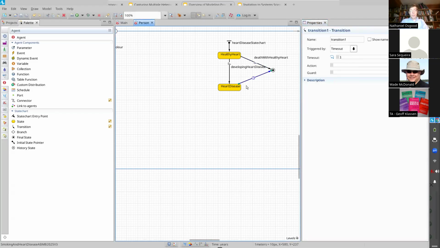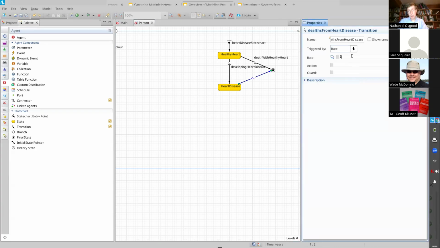Okay. And from heart disease, we're actually going to delineate deaths from heart disease from deaths from natural causes for people with heart disease. So this transition will actually be called deaths from heart disease. And we're going to have another parallel one that also will go to the death state, that will be deaths of people with heart disease from natural causes.